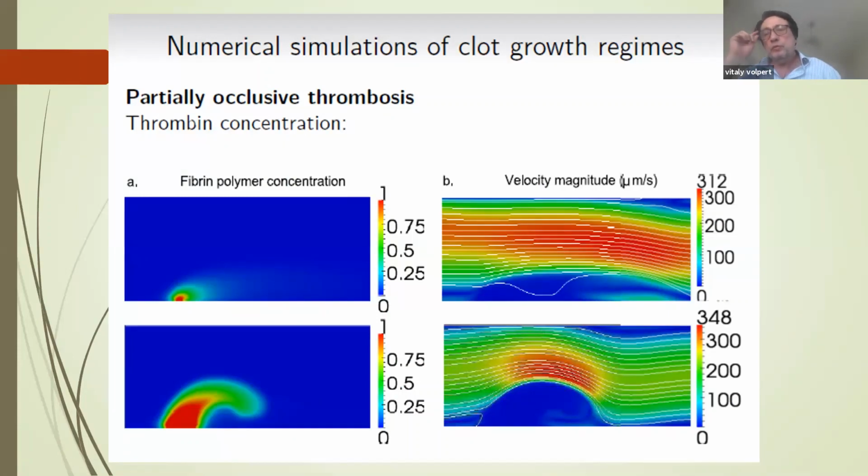This is very important because when we have clot growth, one of the important questions is excessive clot formation. The clot becomes too large, and it can completely block the vessel. And this depends on many different factors, on chemical reactions, but also on blood flow.